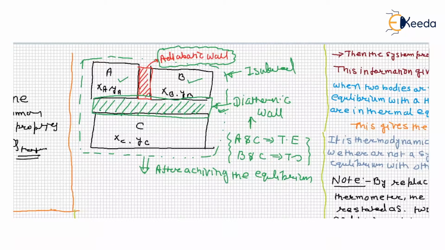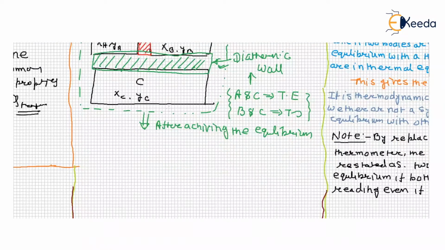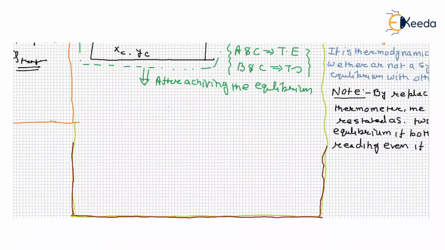So we spend some time, and after these two are in equilibrium, next we connect system A of a property XA and YA and system B of a property XB and YB.